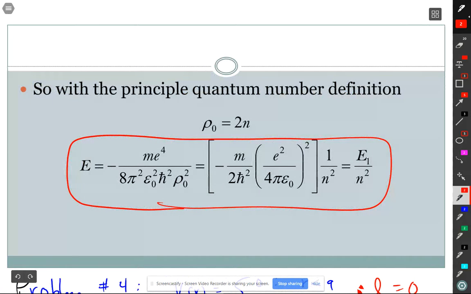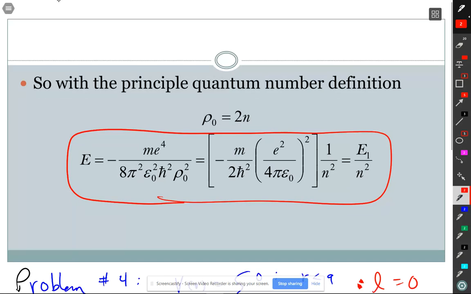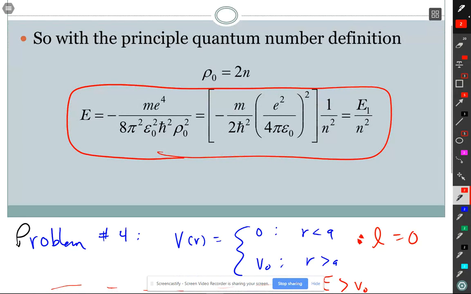Okay. Picking up where we left off last class period, for the second half of today's class, we had come to finally a quantization relation. That is that the energy was some E1 I wrote here over n squared. And what is that E1? It's this right here. And for the hydrogen atom, what is this m?